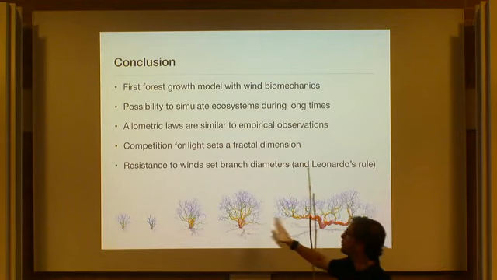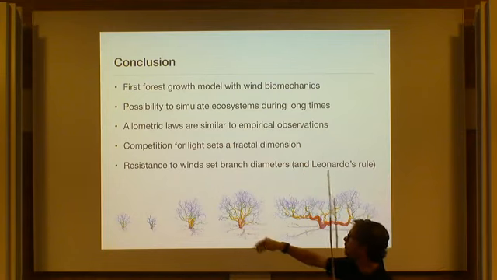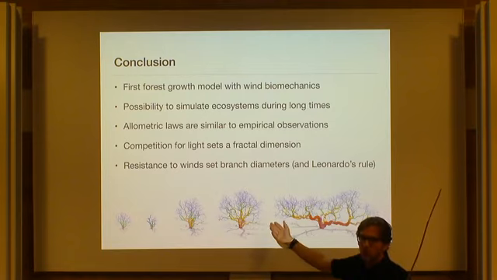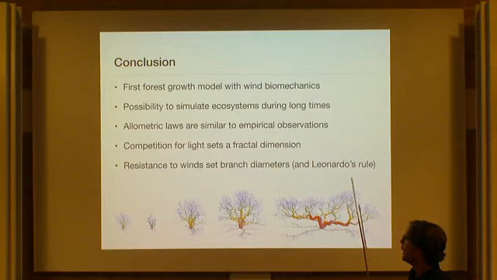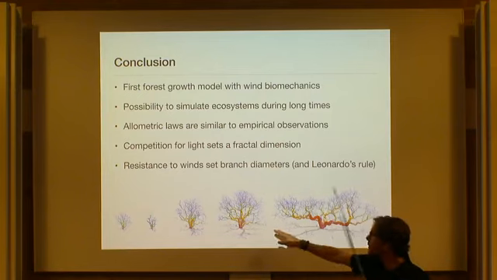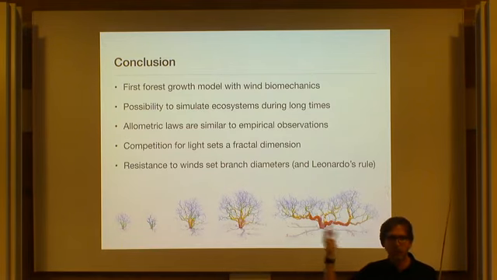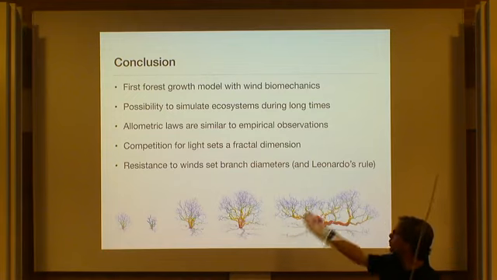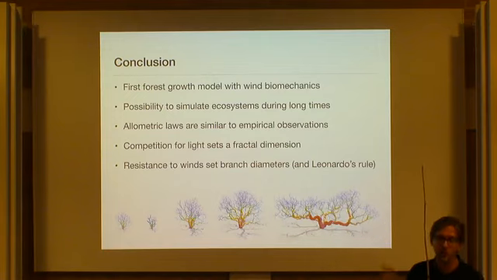And for the simulation I've been showing, transparency is in between, and so you get a fractal dimension that is also in between. And the second argument is that in these simulations, at least, the diameters are set only through response to wind, and it is interesting that you recover those rules with a very simple model.